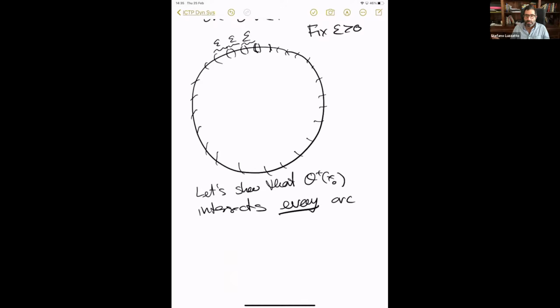However small I take epsilon, I divide the circle into a finite number of arcs of size epsilon, and I show that the orbit intersects every single one of these arcs, and then I'm done.